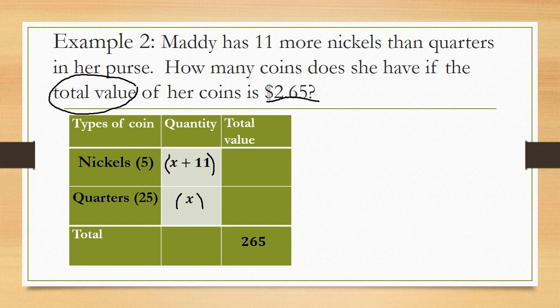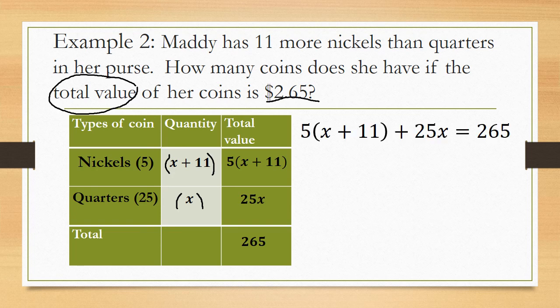So the total value of the quarters is going to be 25 times X, that's 25X, and the total value of the nickels is going to be 5 times X plus 11. So now that my column is complete and I have every piece of information that I need, I can set up my equation. 5 times X plus 11 plus 25X equals 265.